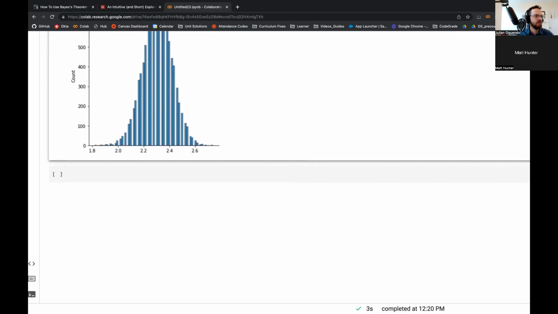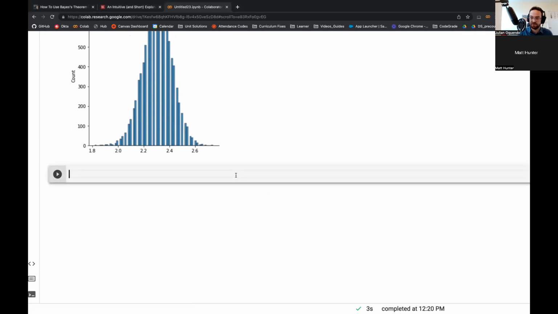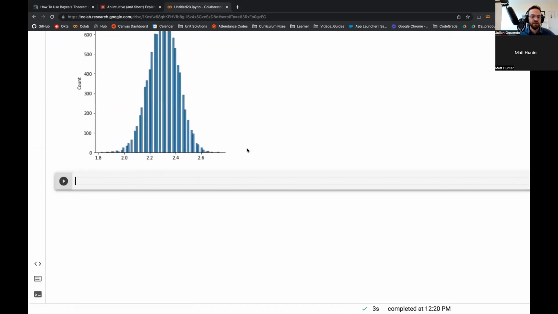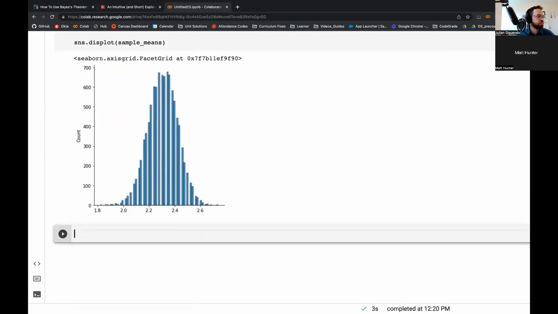All right, so let's take a look at one of the caveats to the normal distribution when you're thinking about how this works in terms of the probability value. This is a little bit of a longer bit of code.